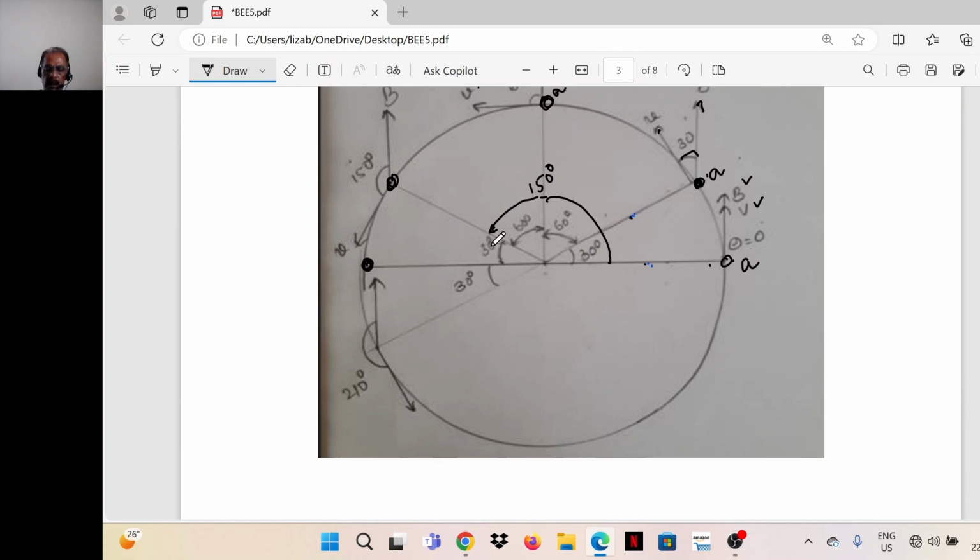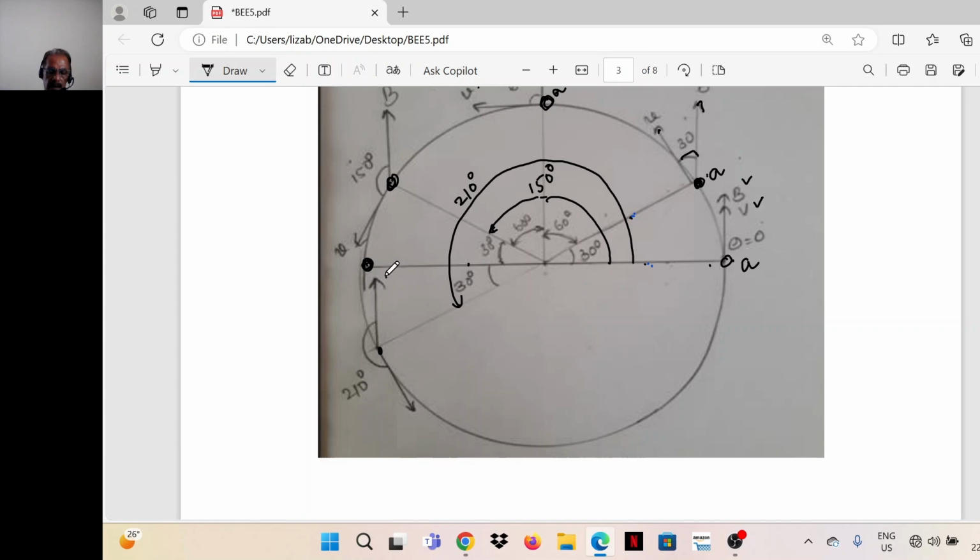Assume another 30 degrees in the counterclockwise direction. So the total displacement from origin is equal to 210 degrees. Up till this line it is 180, plus 30, that is 210 degrees. This is the velocity vector.